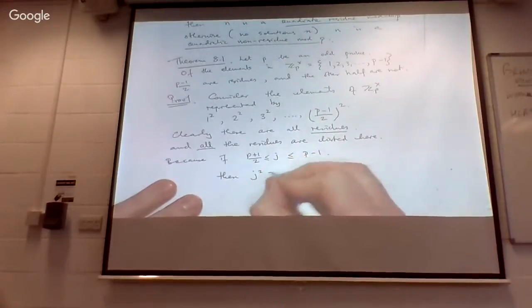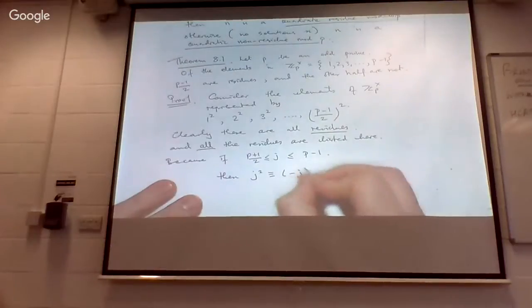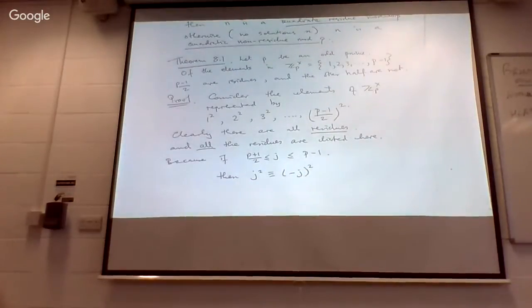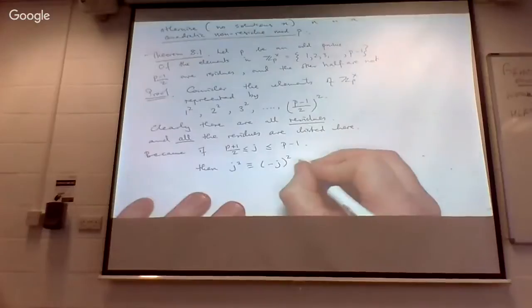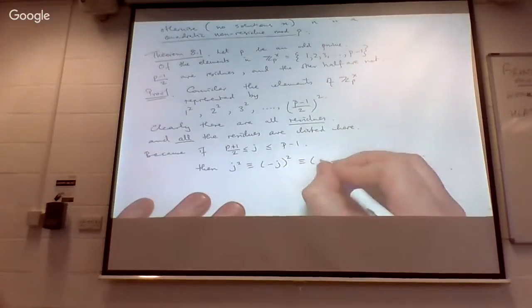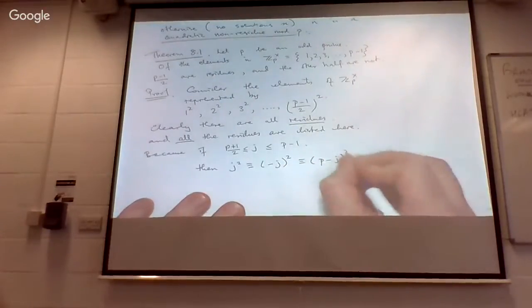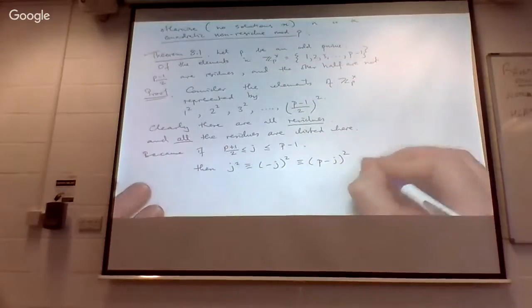And j squared will of course be congruent to minus j squared. But minus j will be congruent to p minus j, squared, mod p.